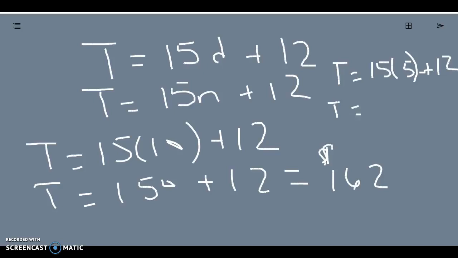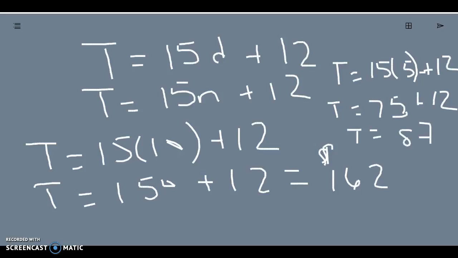And 15 times 5 is 75. 75 plus 12. And I get T equals 87.